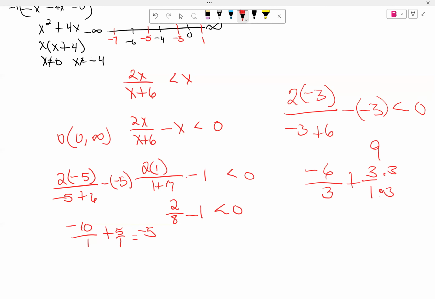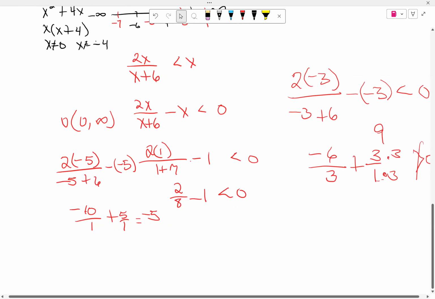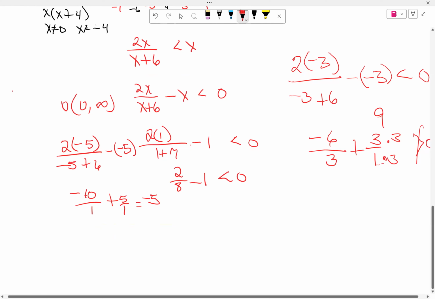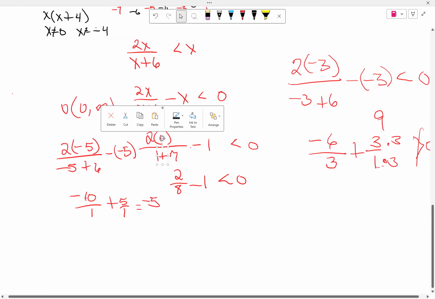This will give me 9 over 3. So the final answer here is going to be a positive integer. So not what we want. That's why that is not in the interval. So it looks to me like the other interval, like I said, was the value between -6 and -4.